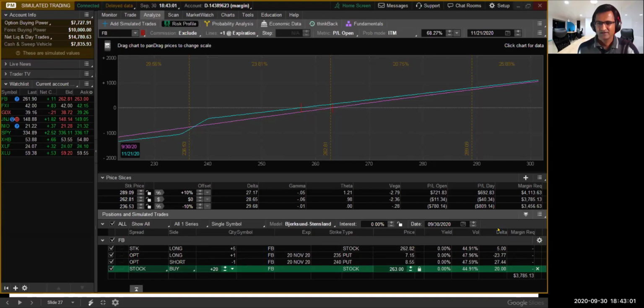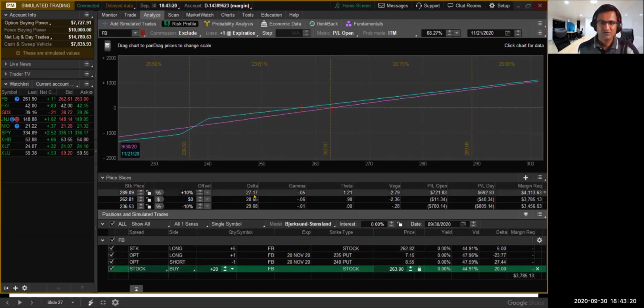At the individual level, you can see your deltas here. 20 stocks will have 20 delta, 5 stocks, 5 delta. One put that I sold had 27.44 delta. One put that I bought has got negative 23.77 delta.